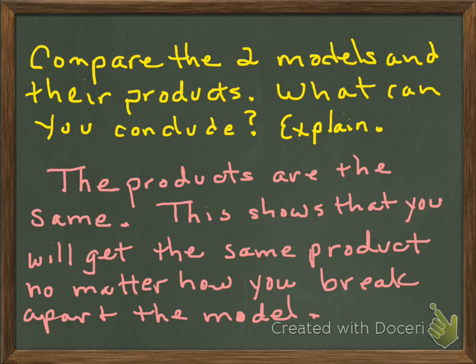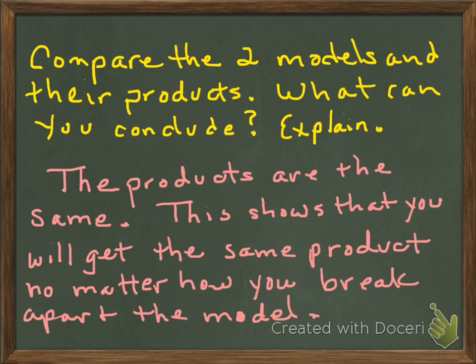All right, if you said the products are the same, great job, because that's exactly what I wanted you to find. The explanation might be that this shows that you will get the same product no matter how you break apart the model. Keep in mind, you have to have the correct addition on the factors. So what 2 addends will add up to your factors? So make sure your math is correct.